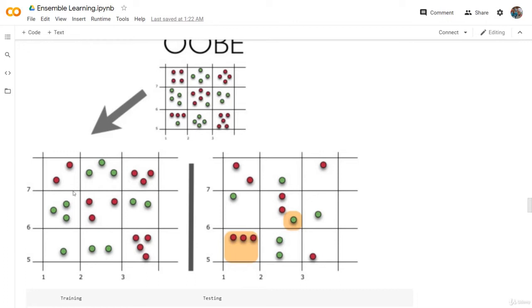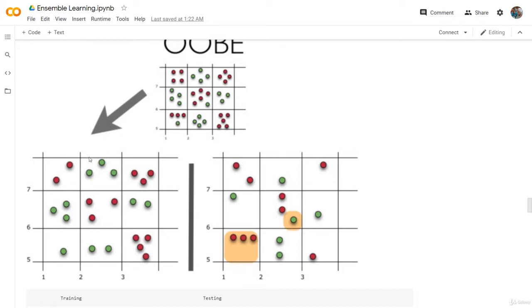This bootstrapped sample is now the training dataset, and the rest of the training set is used for prediction, okay? So let's take a look here.